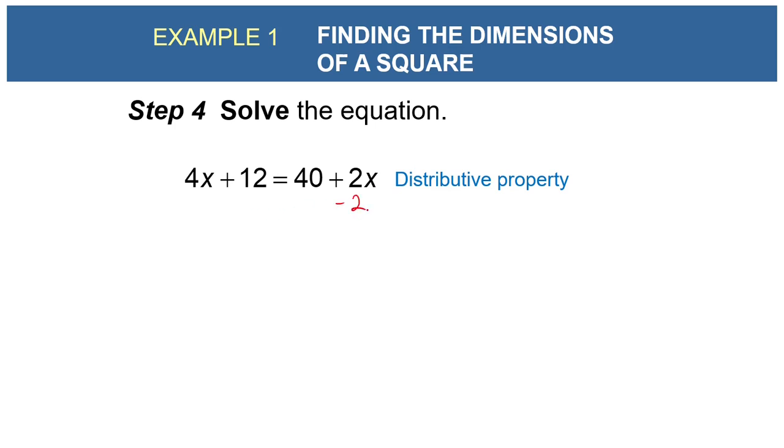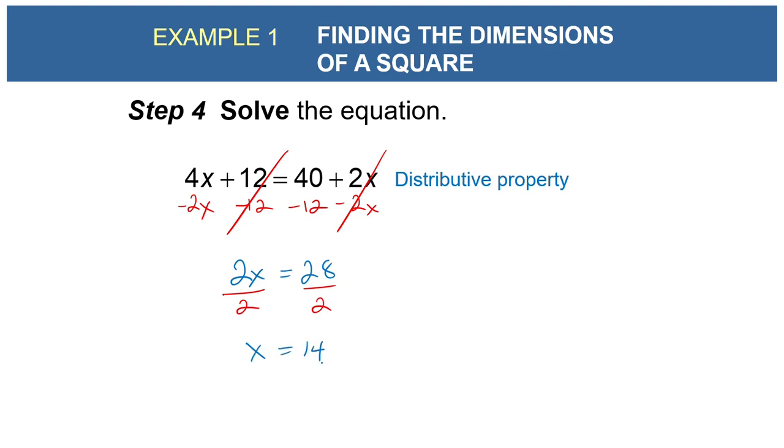Let's subtract 2x from both sides, and I'll also subtract 12 from both sides. This gives me 2x is equal to 28, and now I can divide both sides by 2, and so x equals 14.